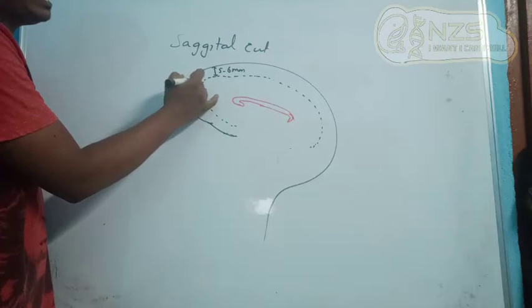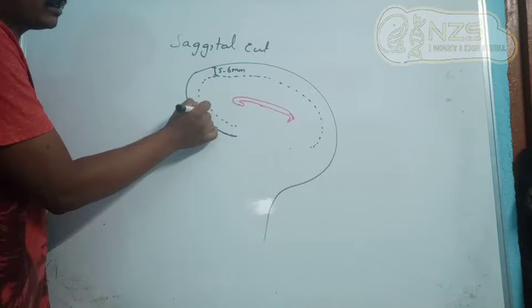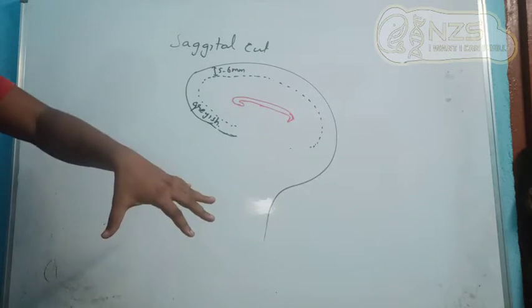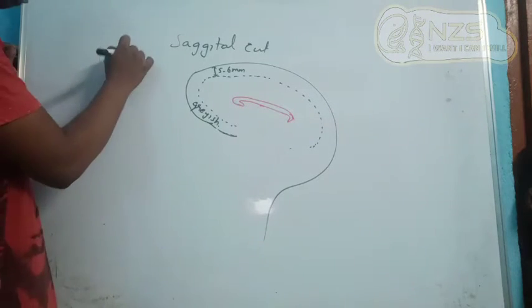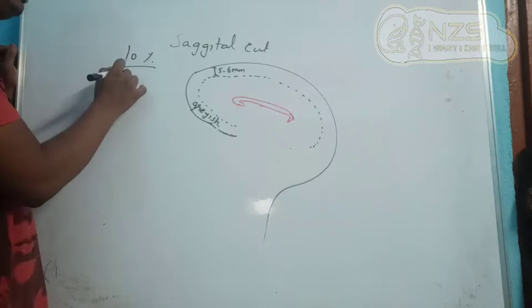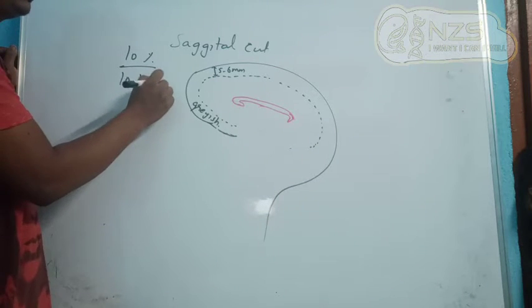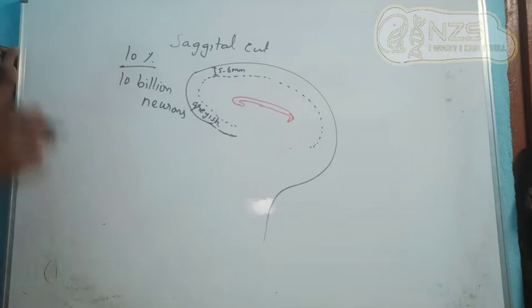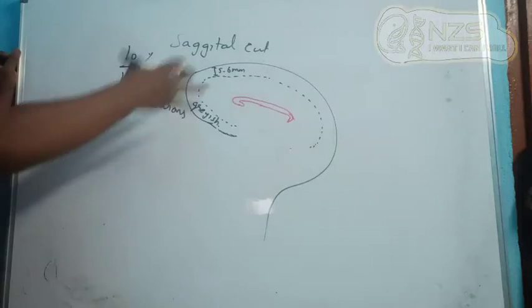And almost 10% of the brain's neurons, to be simple I can say 10 billion neurons, are located in this grayish colored area.